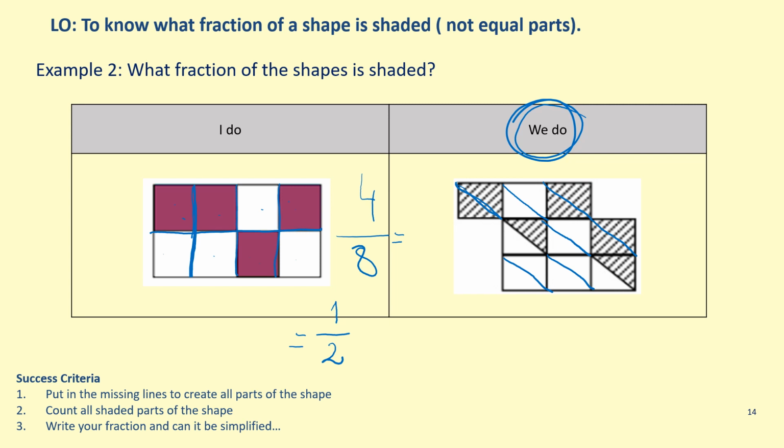How many of them are shaded? 1, 2, 3, 4, 5, 6, 7, 8. 8 are shaded out of 1, 2, 3, 4, 5, 6, 7, 8, 9, 10, 11, 12, 13, 14, 15, 16, 17, 18. So 8 shaded out of 18 equal parts. As clever mathematicians, we can simplify it. So it's 4 out of 9. It can't be simplified any further.